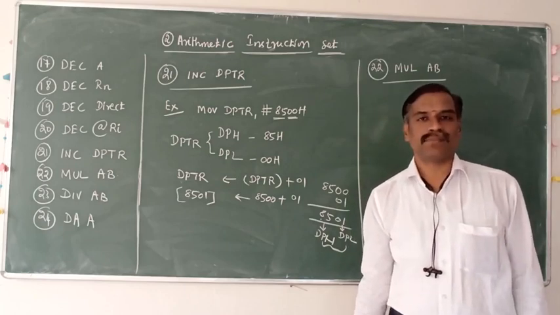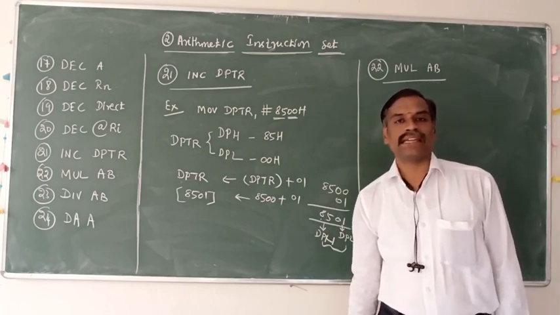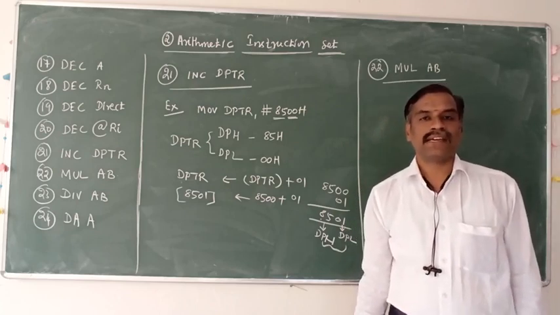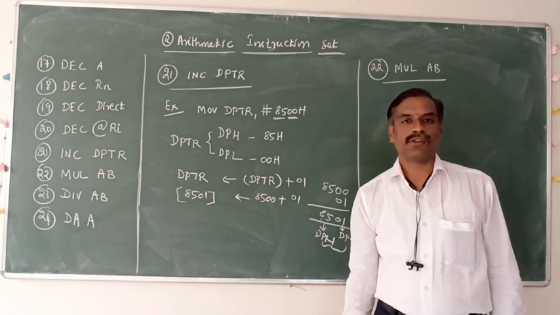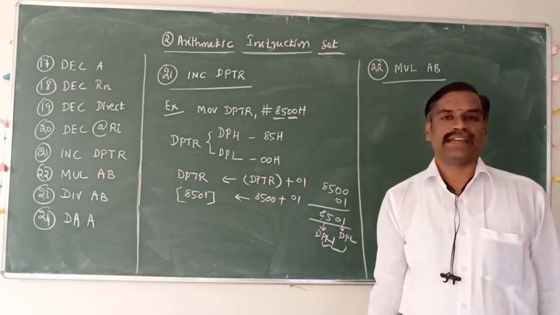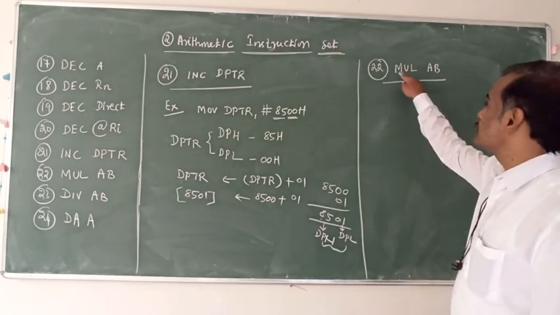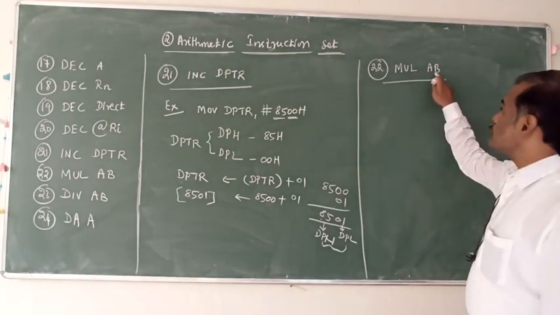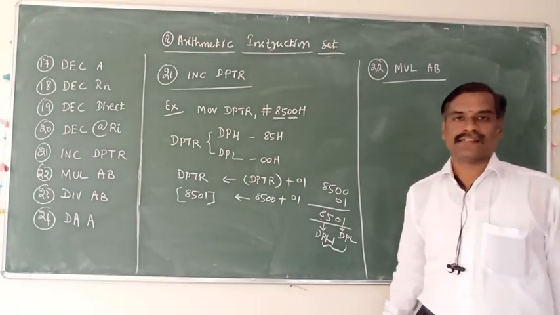Then how to multiply? We have to use the repeated addition concept. But in a microcontroller, there is an instruction available to multiply two 8-bit data. MUL means multiplication of the given two register contents.